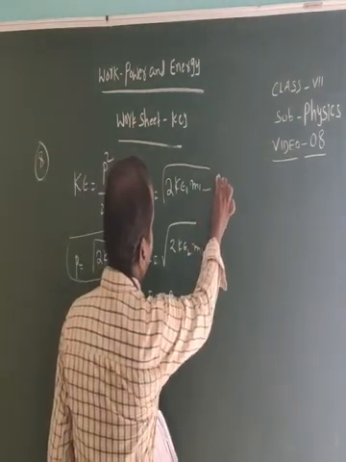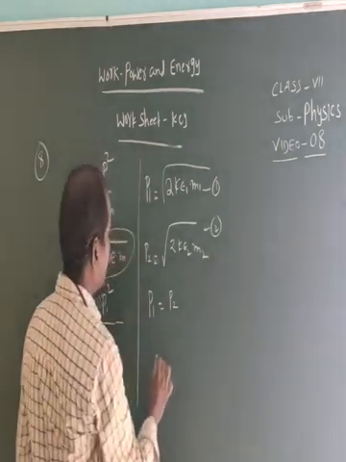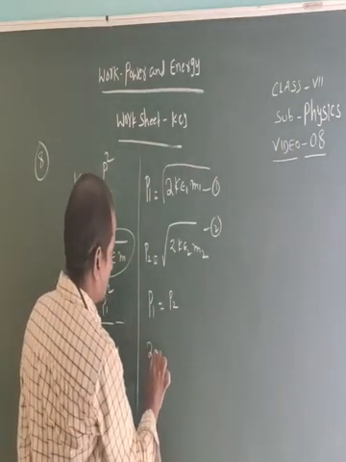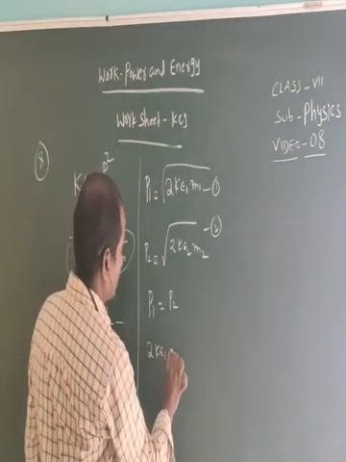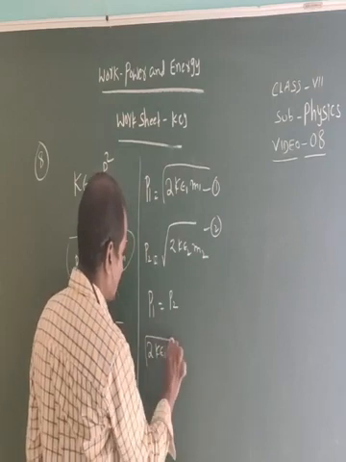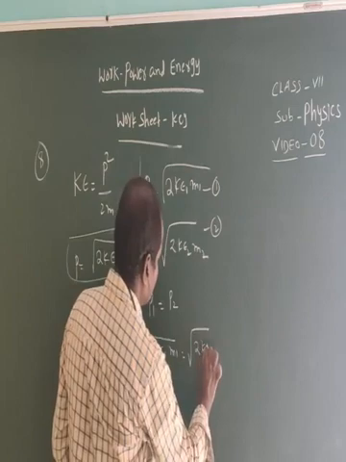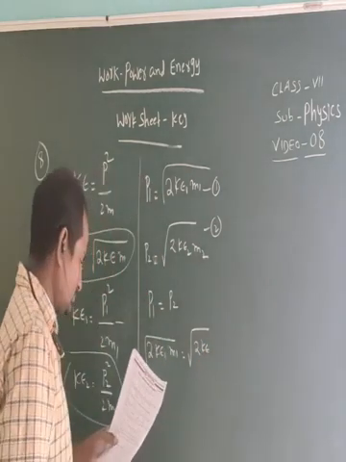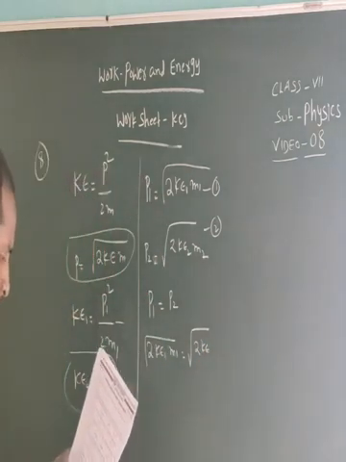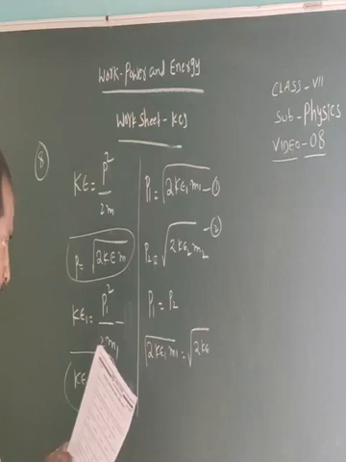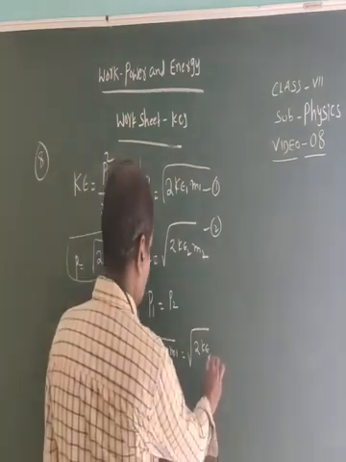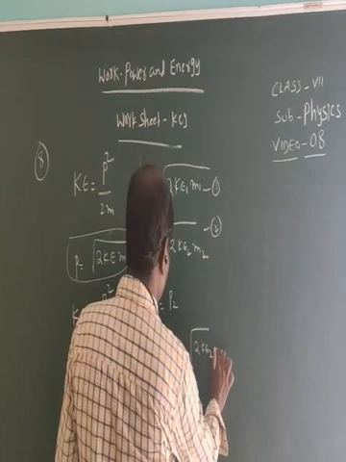So these two are equal. Equation number 1 and 2 are equal. So here root of 2K1 M1 is equal to root of 2K2 M2.